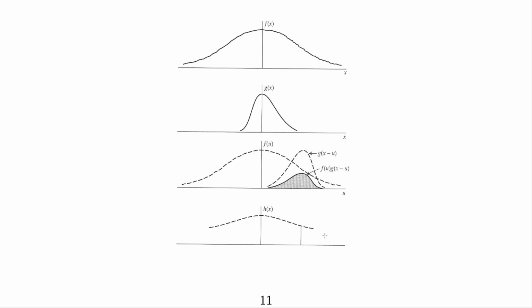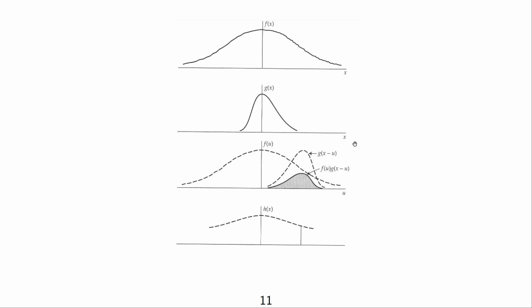So what is the final result? Convolving f of x with g of x gives us this function h of x. And what we're visualizing is the computation of this one particular output value that corresponds to this x-axis location. How do we get it?